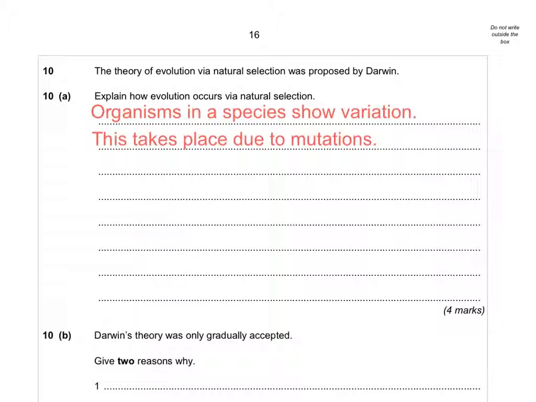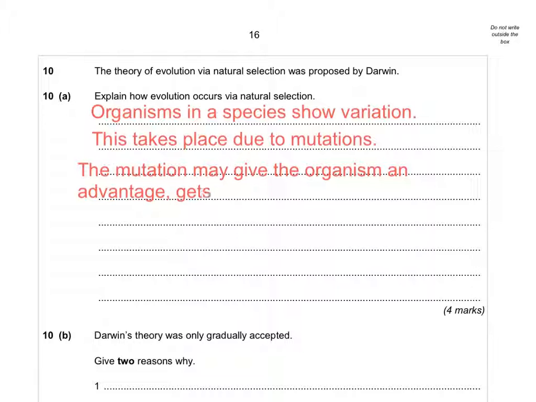Your third mark is for saying that the mutation may give the organism an advantage. And you could have given an example there if you wanted to, but by advantage, what we mean is something that is going to make it more successful at surviving.